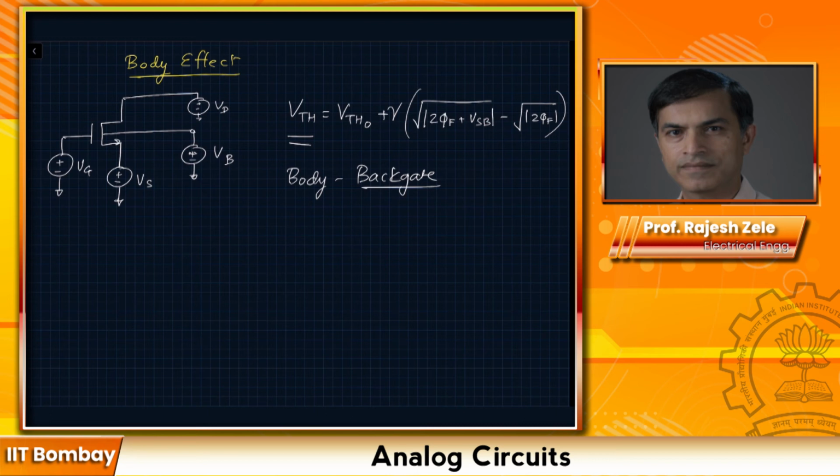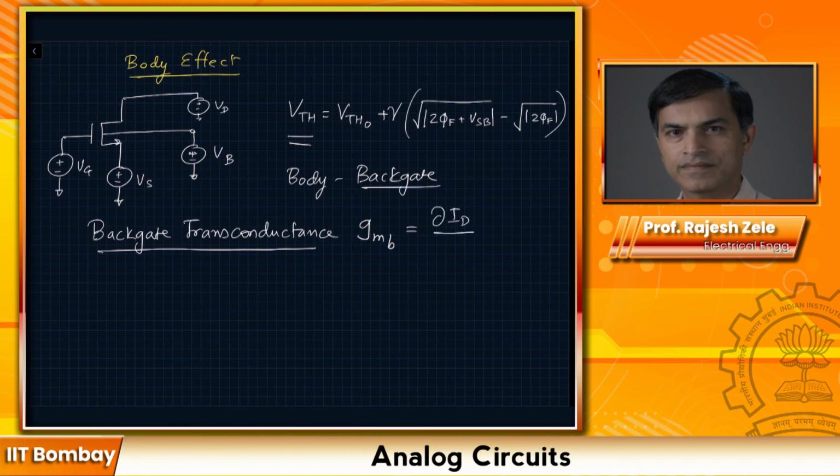The back gate transconductance of the MOSFET in saturation. So what we are trying to figure out is GMB. B denotes bulk or back gate, and that is given by del ID by del VBS. And in this case, we would assume VGS and VDS are constant.